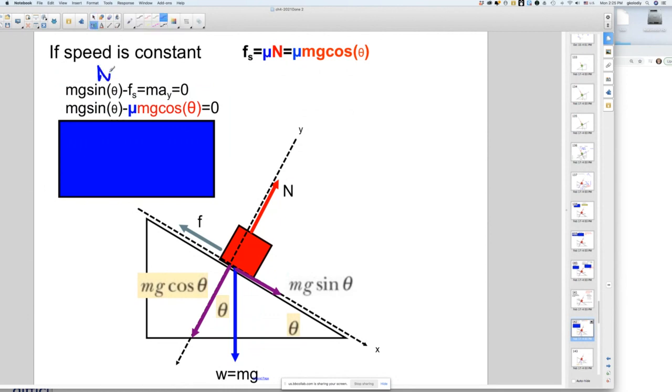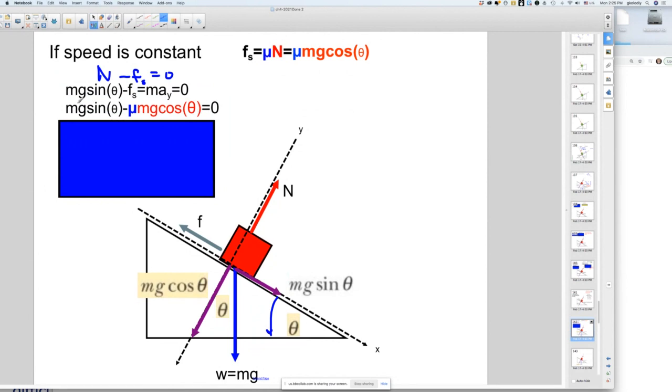This is the normal force. This is the force of friction, and both of those are 0 because there's no acceleration. We're just using that angle, so it just starts moving at constant speed. All right. So for F, I'm going to put in mu mg cosine theta.